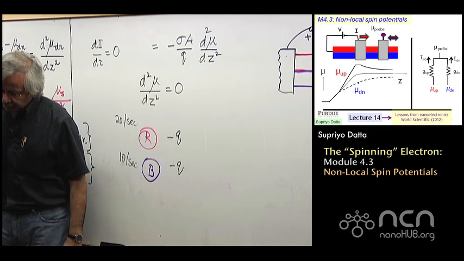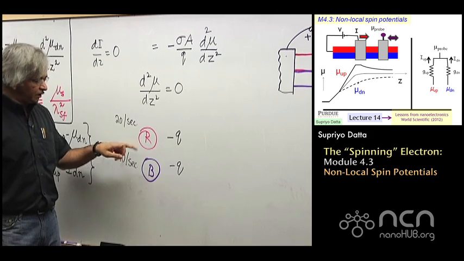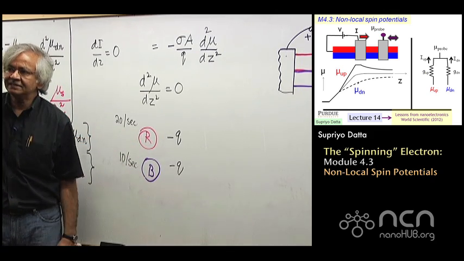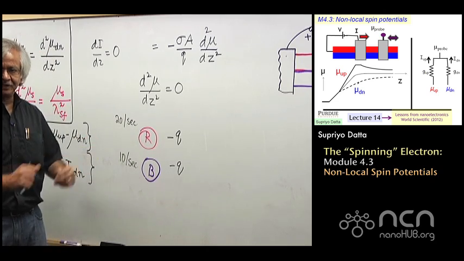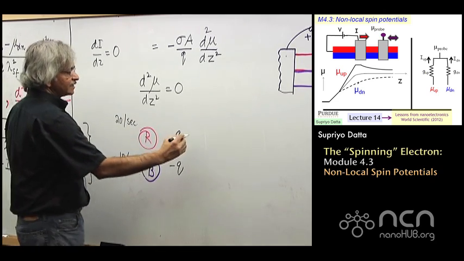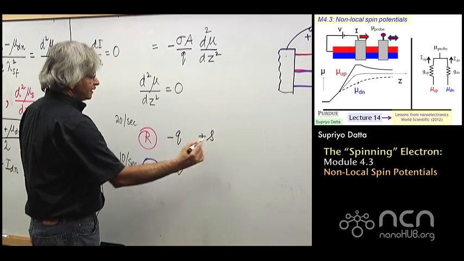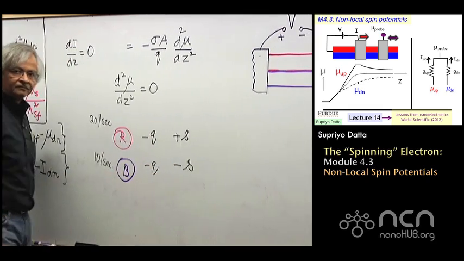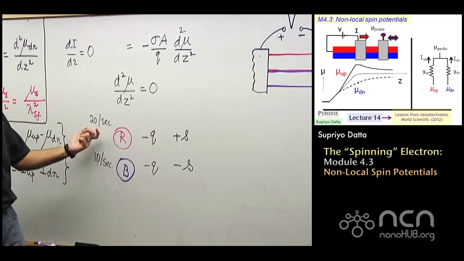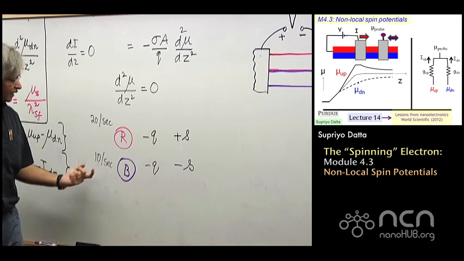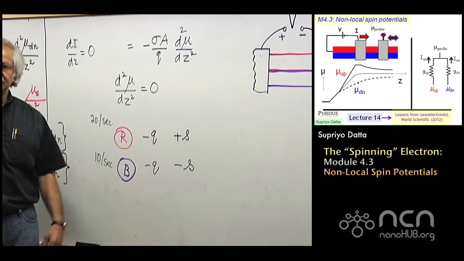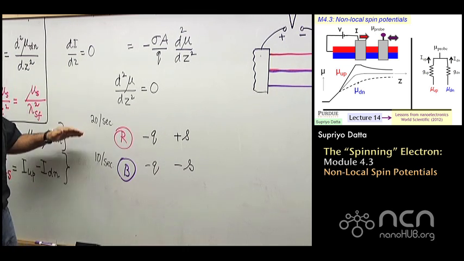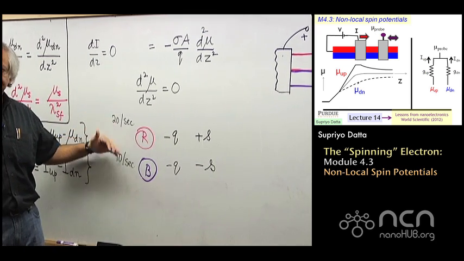On the other hand, spin is a different property which is different for red and blue. You could think of spin as a measure of the redness of something. For red, the spin is plus s, and for blue, the spin would be minus s. So you have 20 per second of plus s flowing and 10 per second of minus s. The rate at which this spin, or this redness, is flowing is the difference of the two, so it's 10 per second.